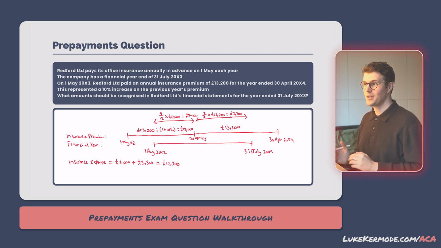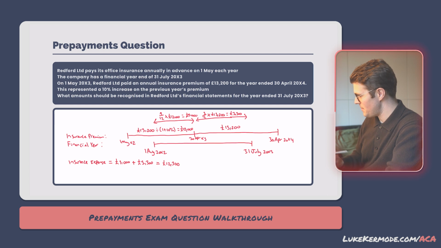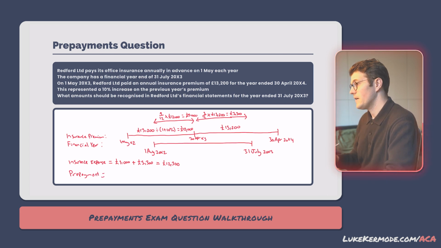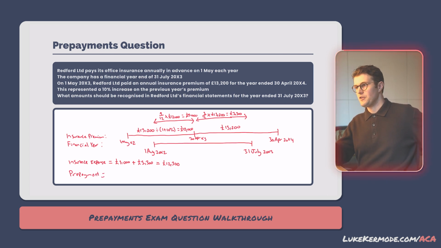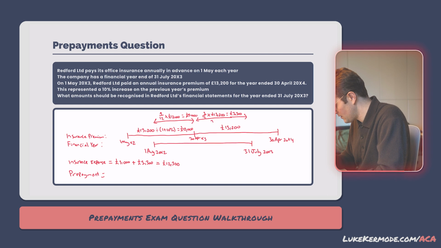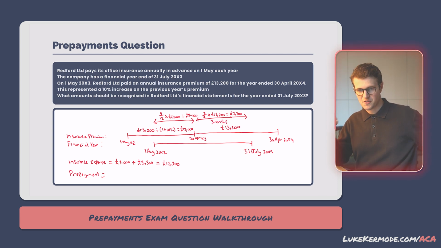In this case, we're dealing with a prepayment because the business has paid £2,000 up front on the 1st of May 2003 for 12 months of insurance cover, but as we can see from our timeline, it's only received 3 months of that cover for the months of May, June and July by the time we've got to the end of the financial year.